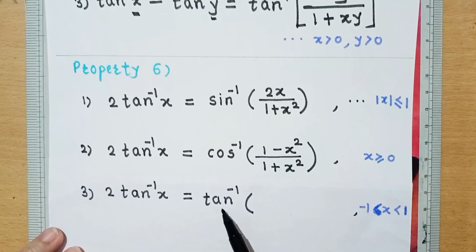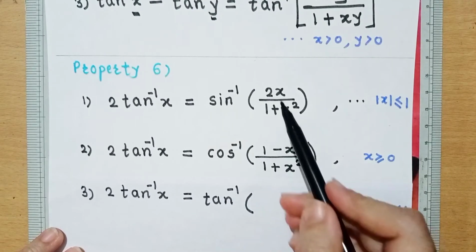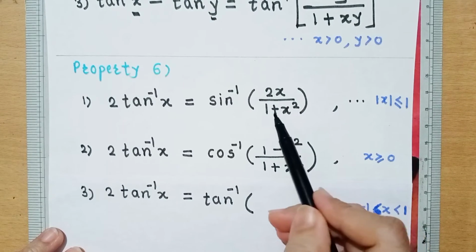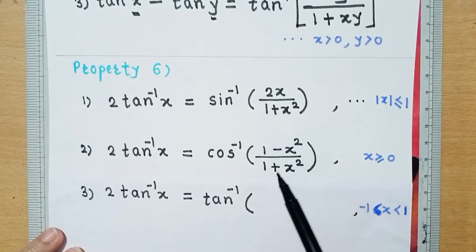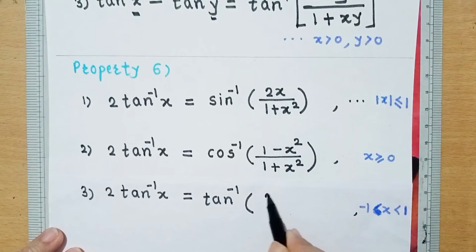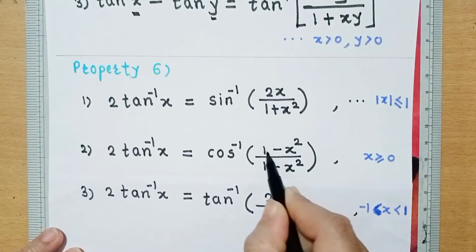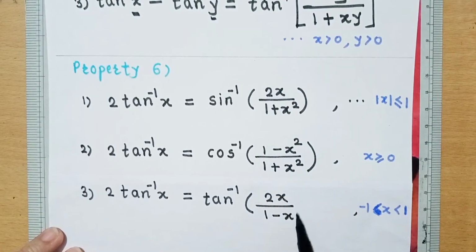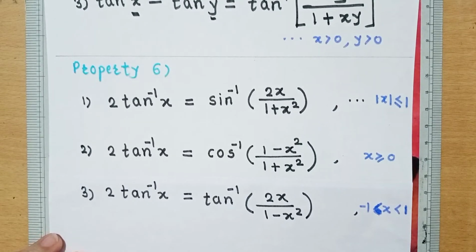And for third one, tan inverse of, now divide this to this. So this denominator 1 plus x square get cancelled, and so we will write here 2x upon this is 1 minus x square. So you can remember this formula very easily. These are very simple, and we will use this formula and we will solve next examples.